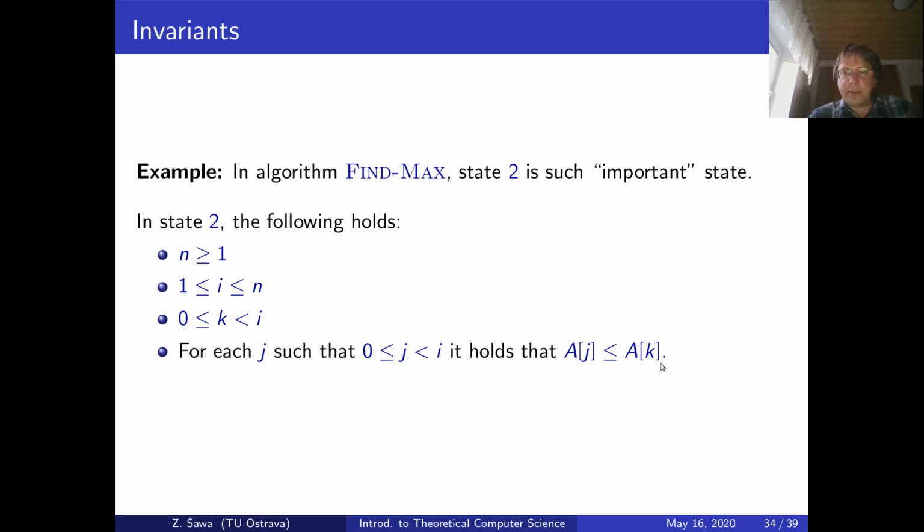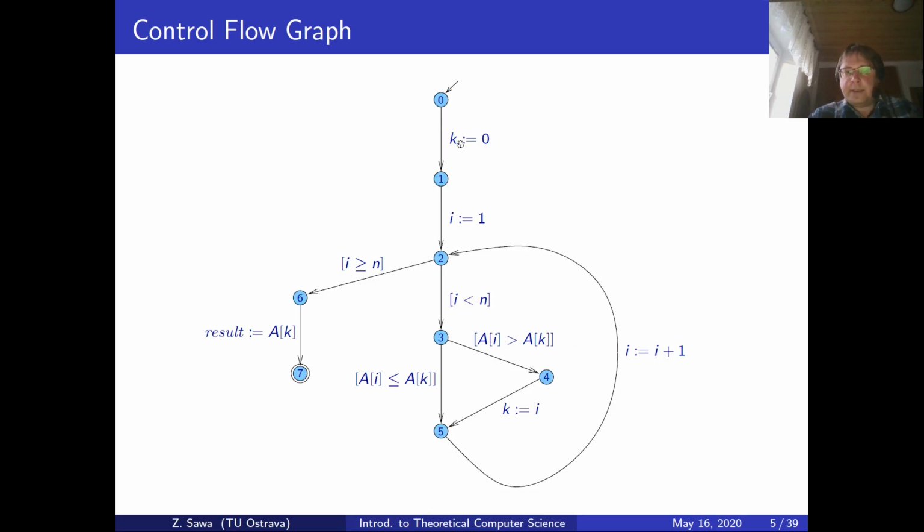That it's greater than every element in this part of the array that has been processed so far, and that because k is between 0 and i, it really belongs to this part of the array. So we will ensure that at the beginning k is 0 and i is 1.